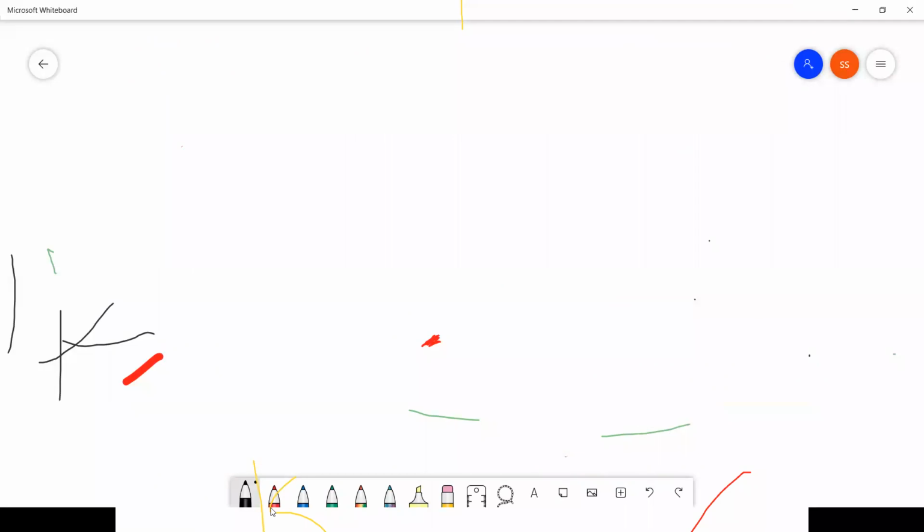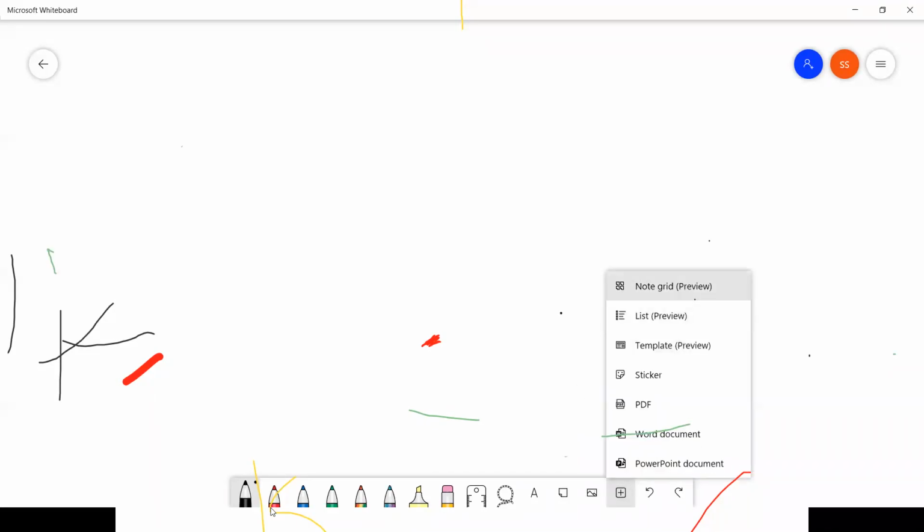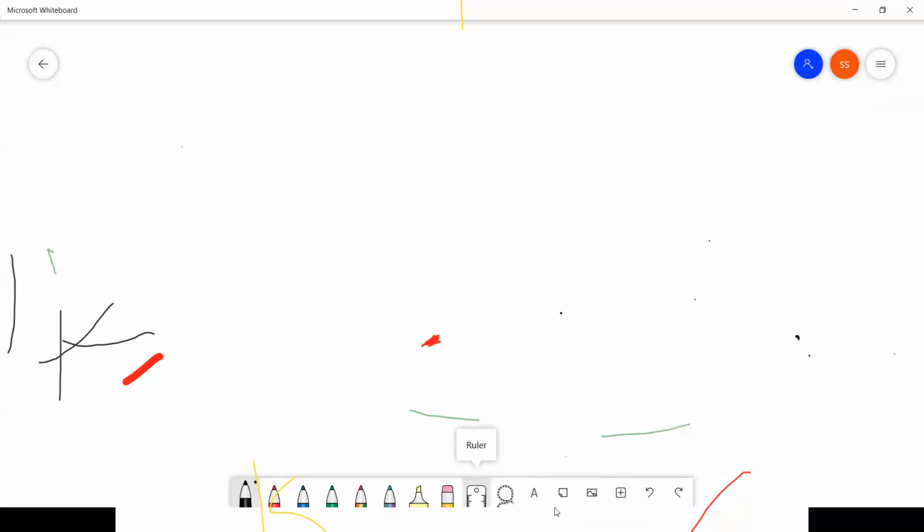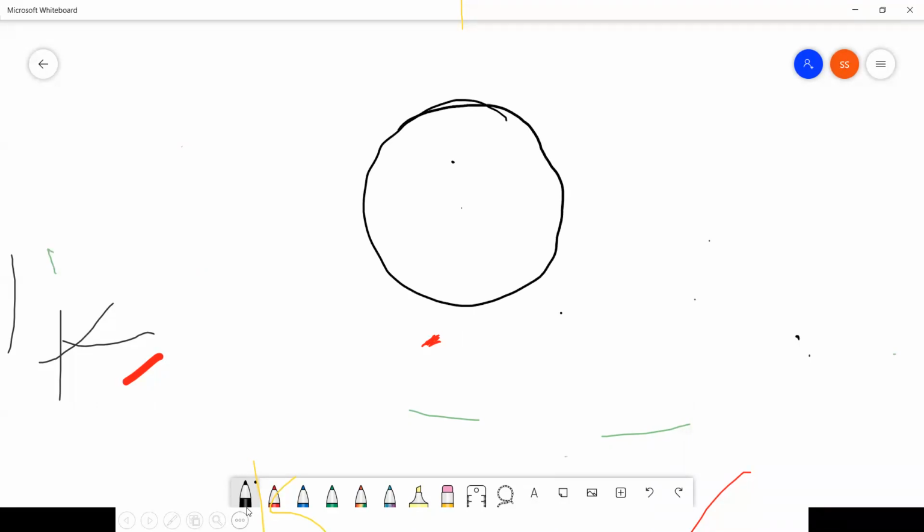So if you are having a circle, right, and this is your center, when you are giving a radius, this is for radius.